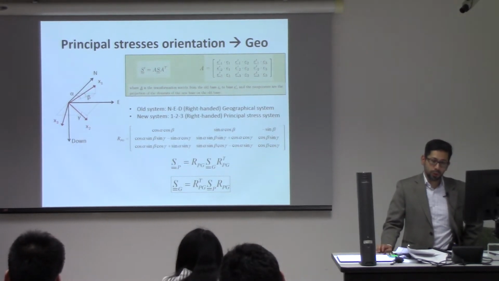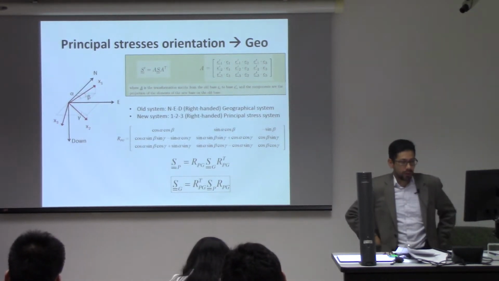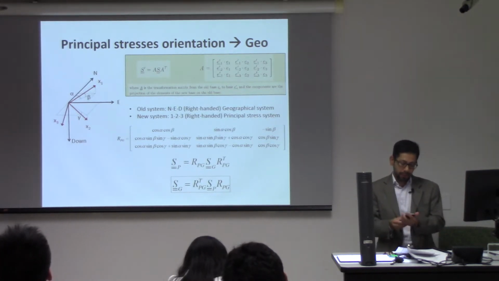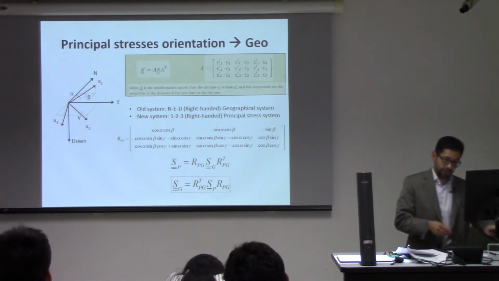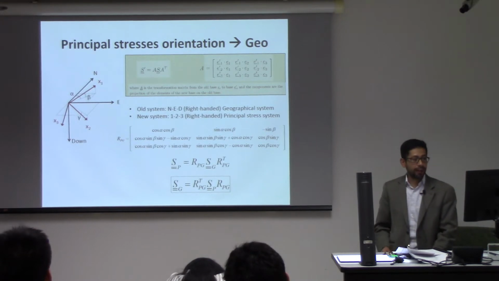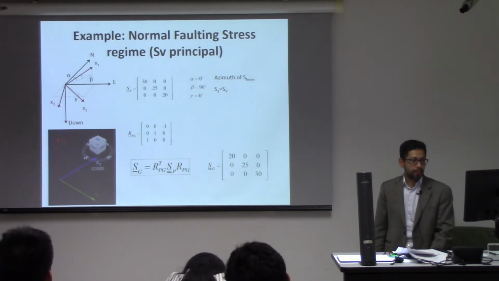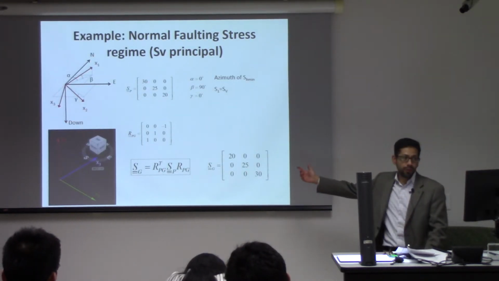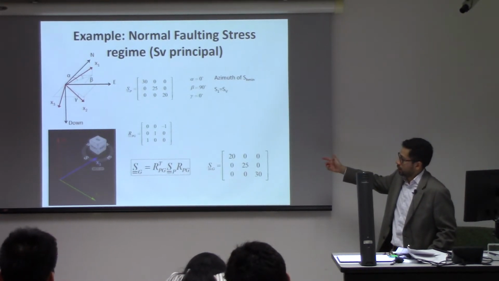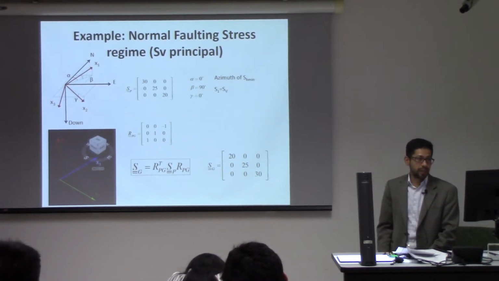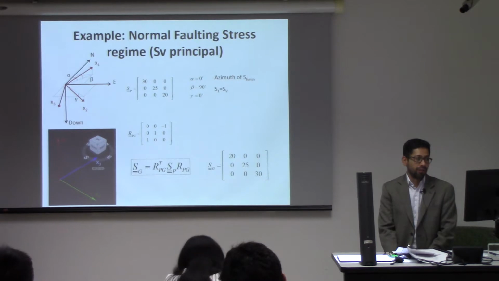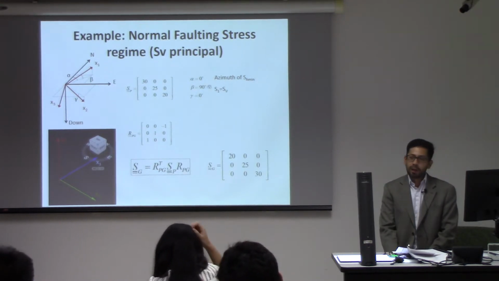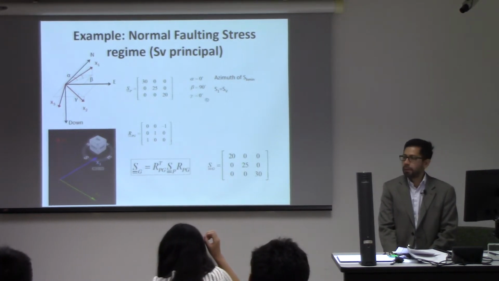I'm not going to go into detail on all the examples because we're running out of time, and I have already prepared some examples for you according to the orientations of the stresses. If you have normal faulting, it's going to be a much simpler version of alpha, beta, and gamma.